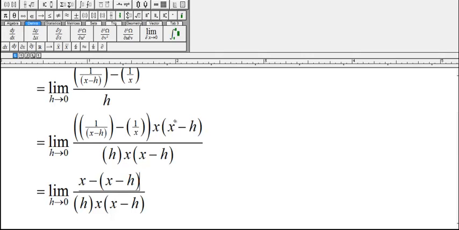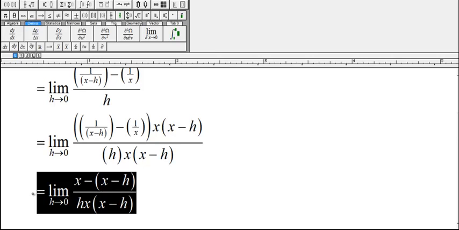You take the x minus h times the 1 over x minus h. The x minus h is canceled. You get x times the 1 is x. Next you take a fresh x times x minus h times this one. This is the distributive property we're using. The x is canceled. You've got negative 1 times x minus h is what I have here. And I'm just going to leave the bottom the same way. I don't need this parentheses here, so I'm just going to write it like that.